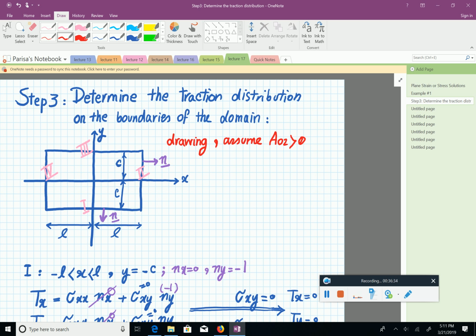I mean, traction free, there is nothing to draw. You have it? Does it have values on everything?